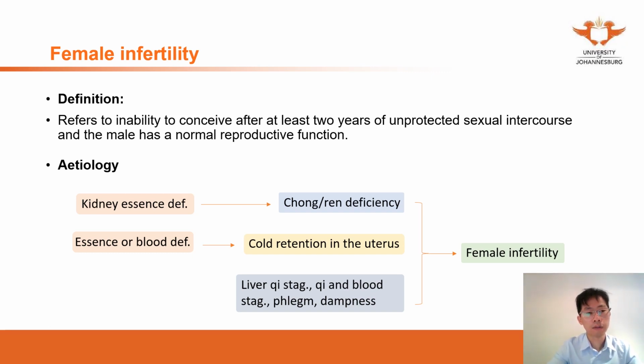Because the fertility issue relates to both male and female, this is quite a common situation in infertility. According to the statistics, female infertility contributes about 40 to 55% of infertility, and male will be about 25 to 40%.